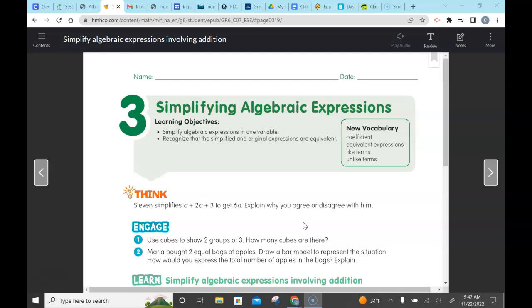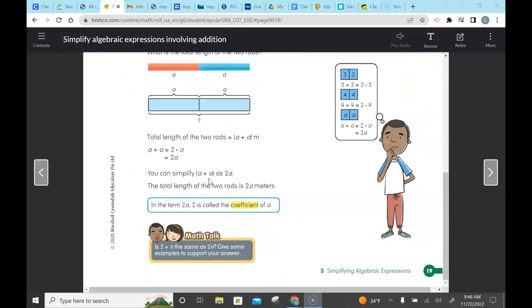First of all is to simplify algebraic expressions in one variable, and then also recognize that simplified and original expressions are equivalent. So there's a couple different terms there on the right, and one that you may not understand is called coefficient. I know we've talked about coefficients throughout this module so far, or throughout chapter 7.